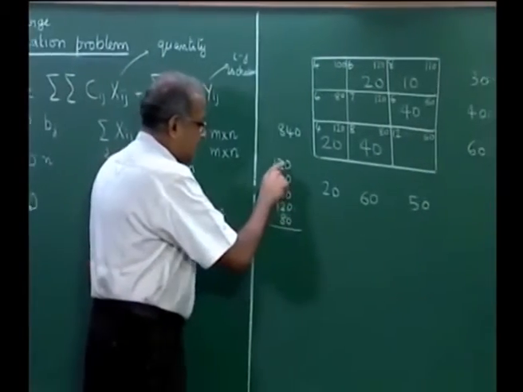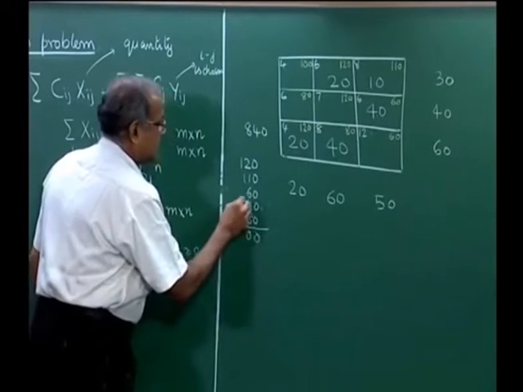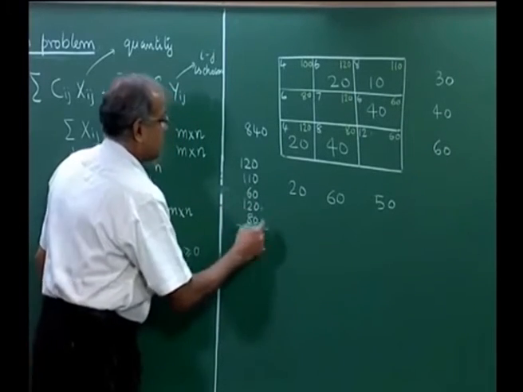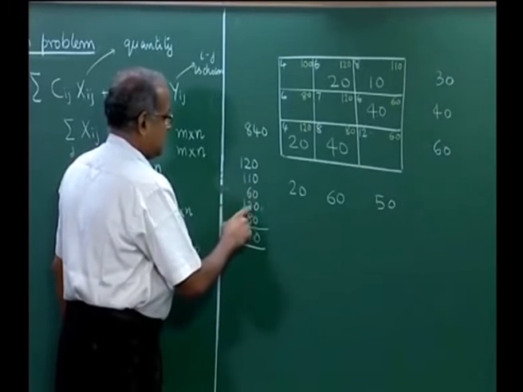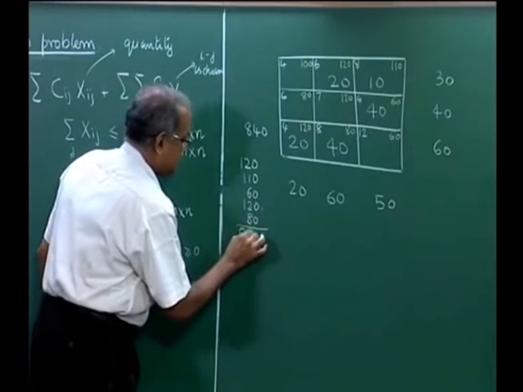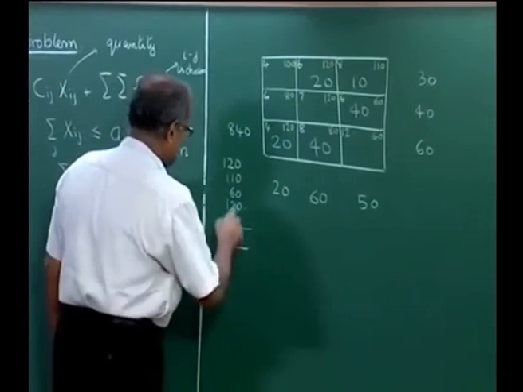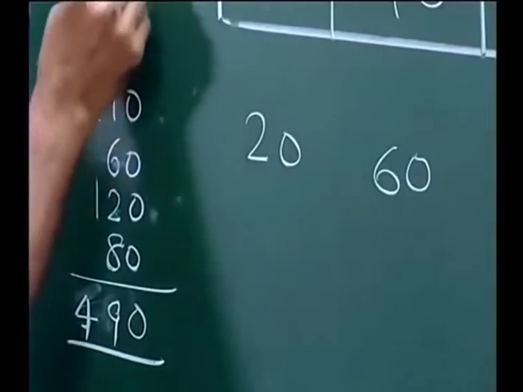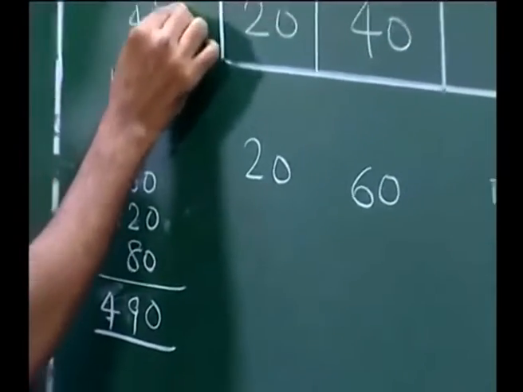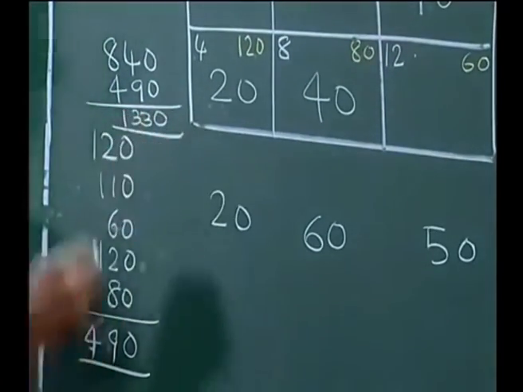So this would give us a cost of 490. So the total cost will be 840 plus 490, which is 1330.